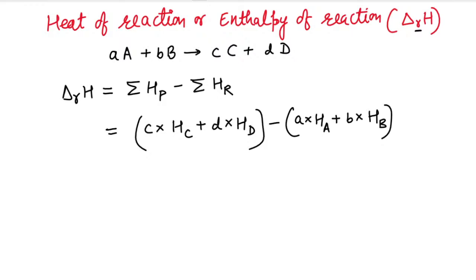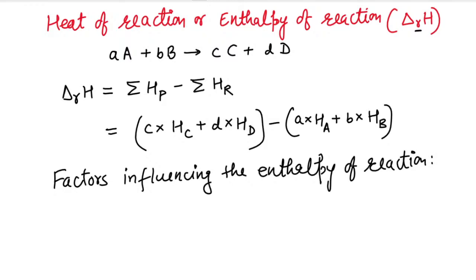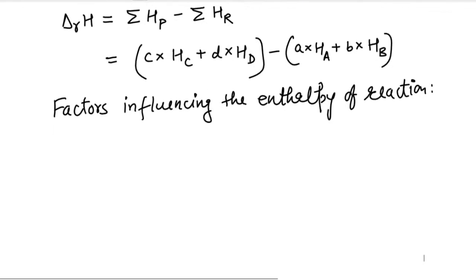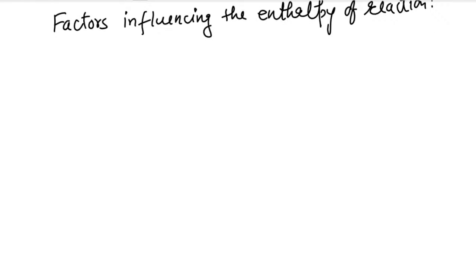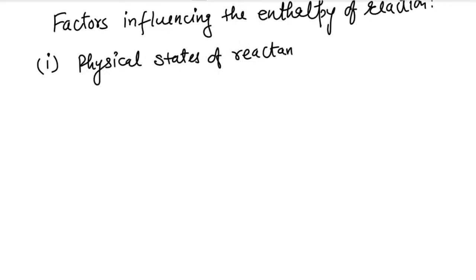Now, factors influencing the enthalpy of reaction. The enthalpy of reaction depends upon a number of factors, which we have discussed just now. First factor is the physical state of reactants and products.